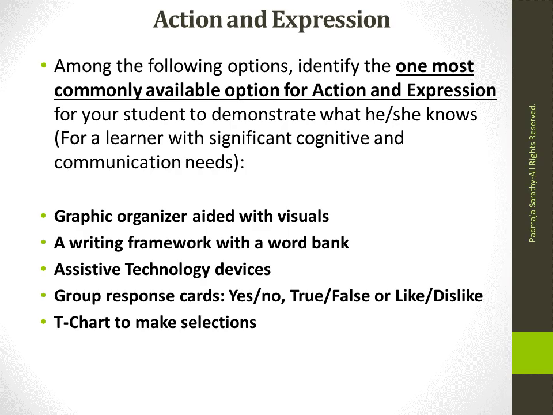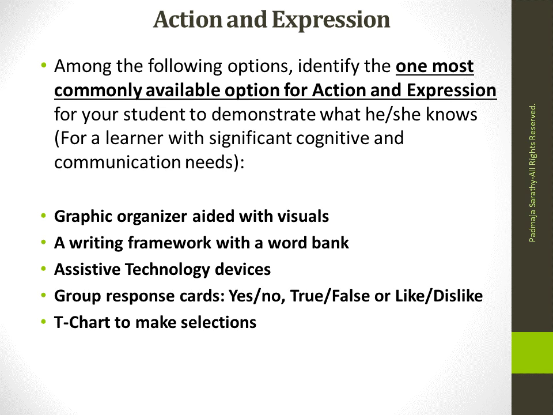And so again, there is a survey as we close this presentation. What is the most commonly available option for your students to demonstrate action and expression? Do you use a lot of graphic organizers, assistive technology devices, or do you use a writing framework, or do you use a T-chart to make selections, or do you use group response?